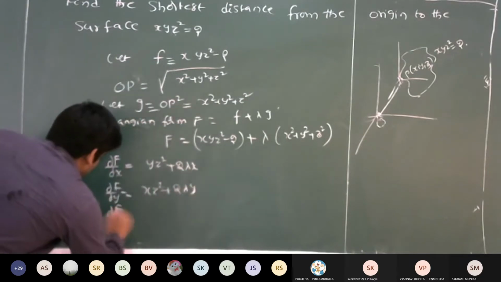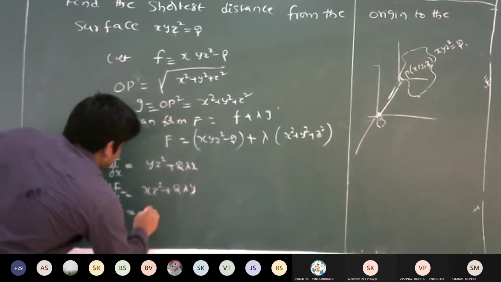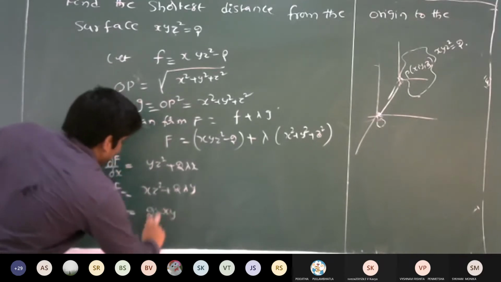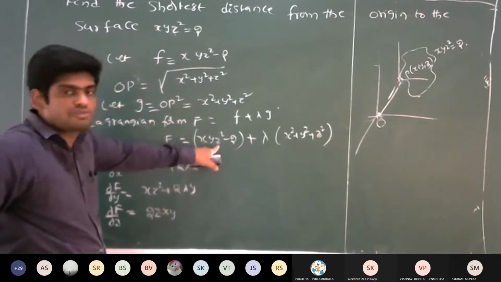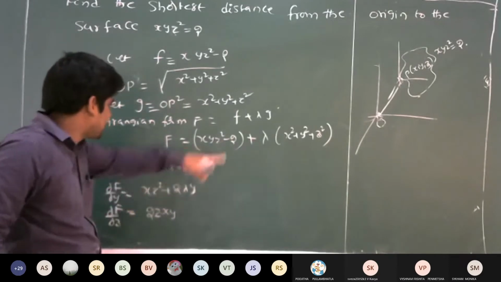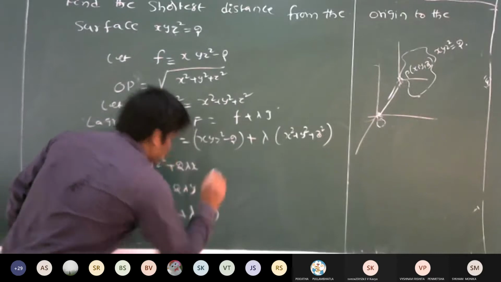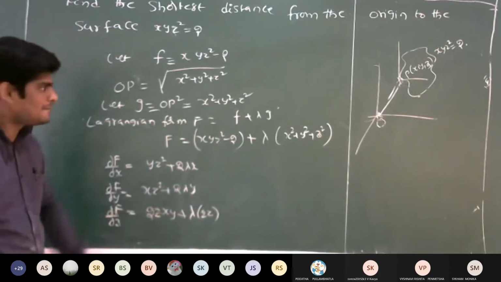Next, dou F by dou z. This is 2zxy, because the derivative of z square is 2z, plus lambda into 2z. Is it clear up to this, everyone?